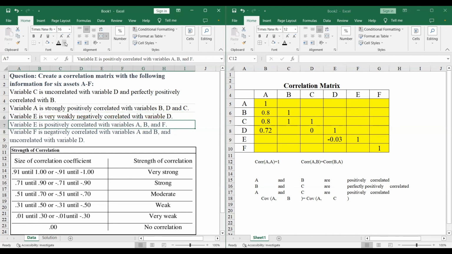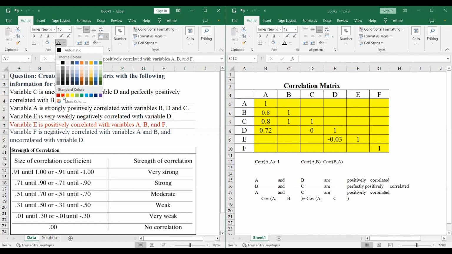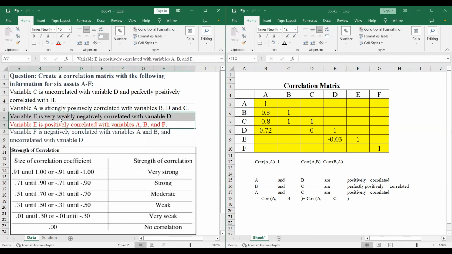In the fourth statement, what we are told is variable E is positively correlated with variable A, B, and F. Unlike the earlier situations, we don't know if this positive correlation is strong, medium, weak, moderate. We don't have any information.